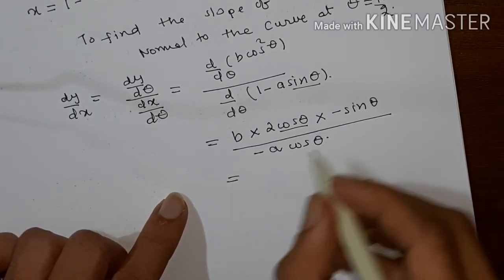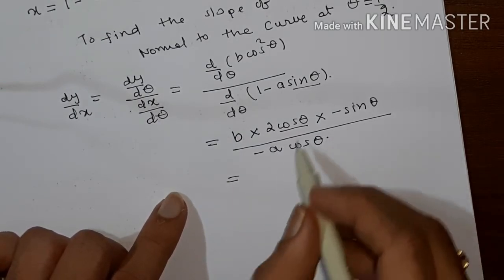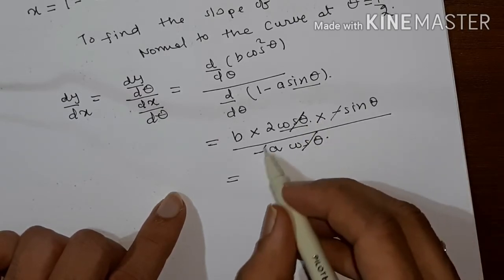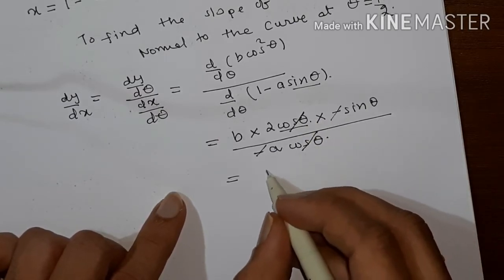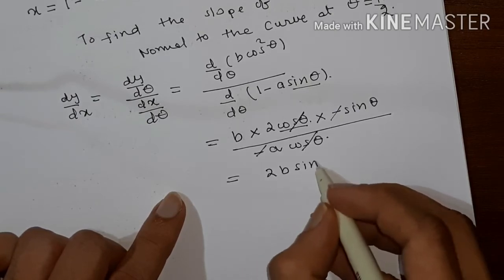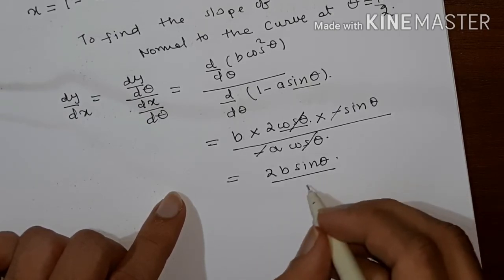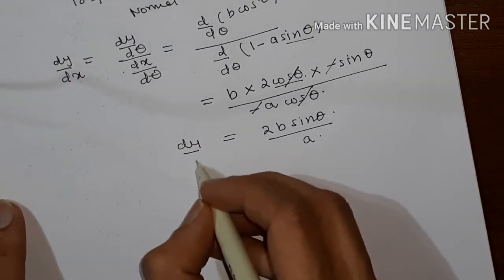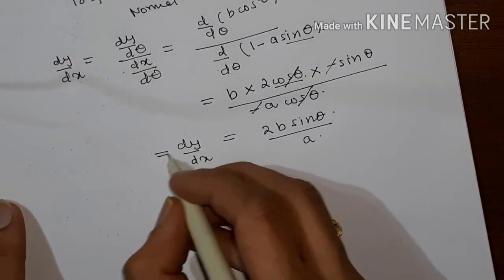Here cos theta and cos theta get cancelled and the minus gets cancelled, so we get 2b sine theta divided by a. So this is nothing but dy by dx.